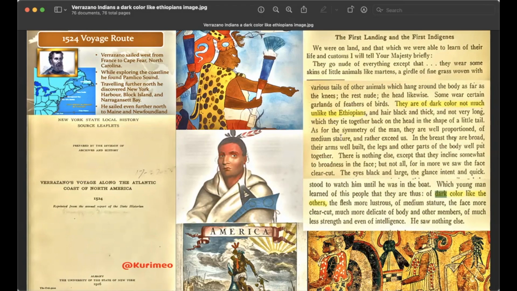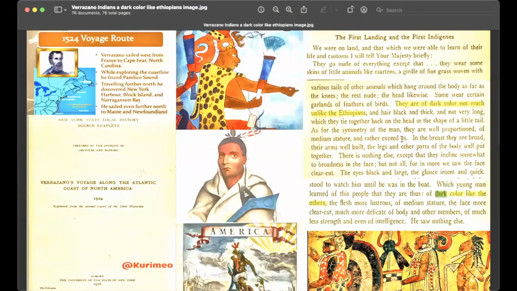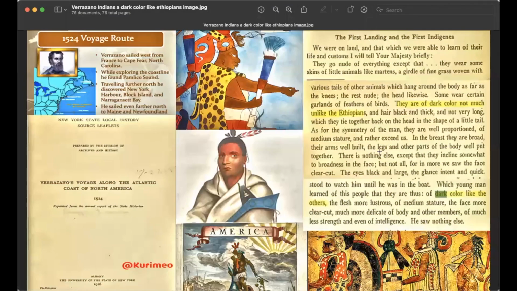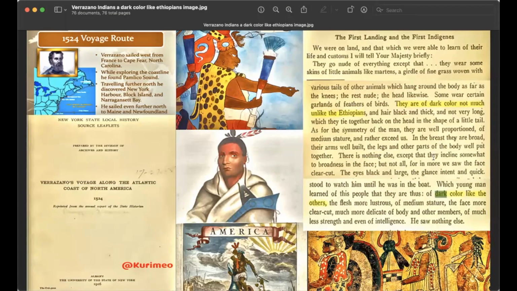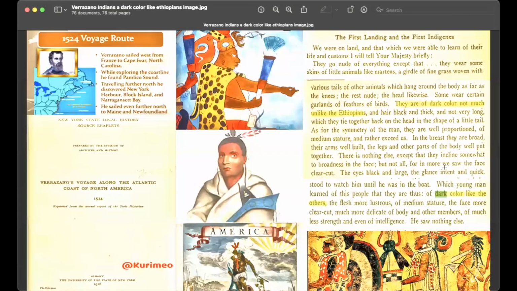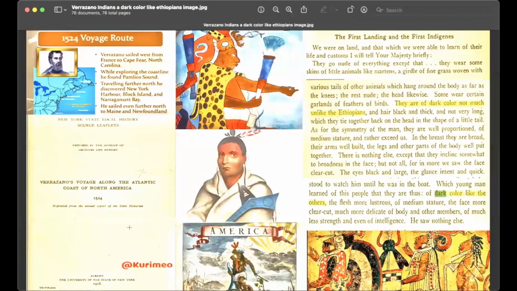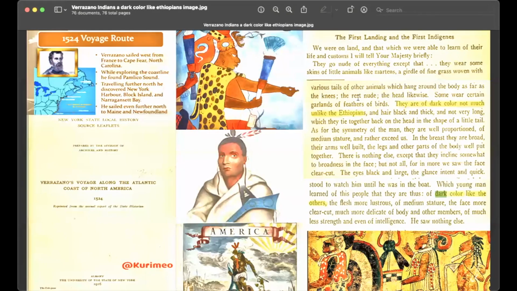Okay? As for the symmetry of the man, they are well proportioned, of medium stature, and rather exceed us, right? Taller than the Spaniards. In the breast, they are broad, their arms well built, the legs and other parts of the body well put together. There is nothing else except that they incline somewhat to broadness in the face, but not all, for in more we saw the face clear cut. That's what Verrazano is saying about the Indians he's encountering. Dark color, not much unlike the Ethiopians.